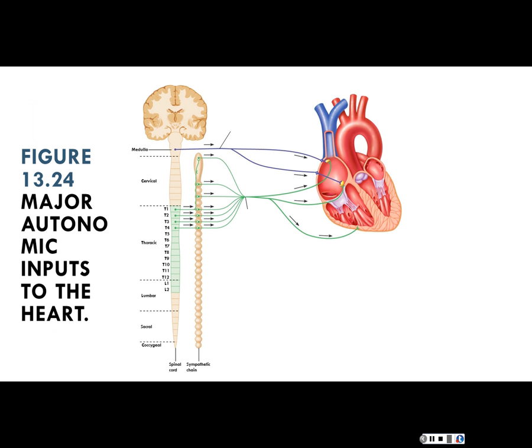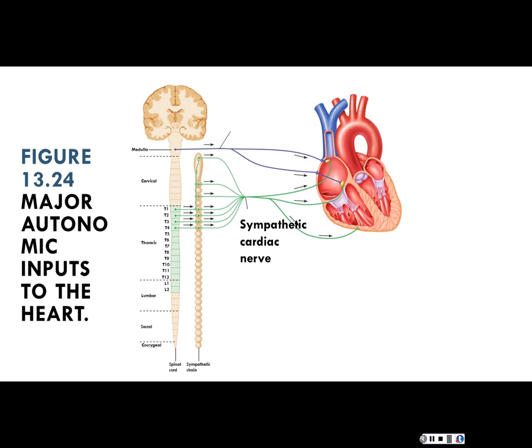So if we look at 1324, looking at the autonomic nervous system, highlighted in the purple would be our parasympathetic control, and then in the green, the sympathetic nervous system. So here's what I want you to add on that section about 1324.